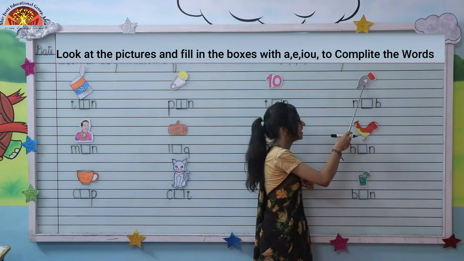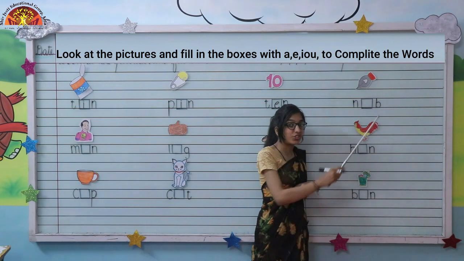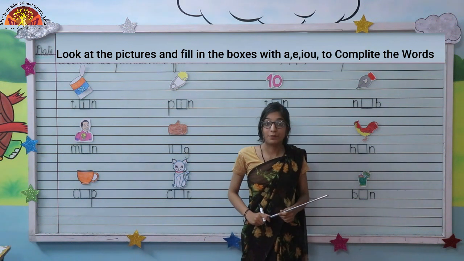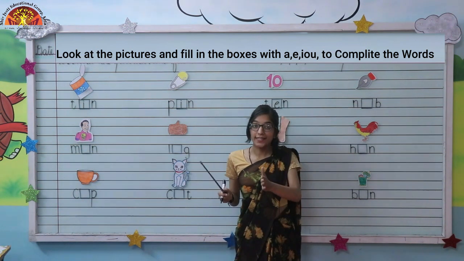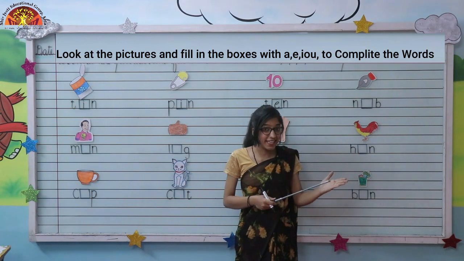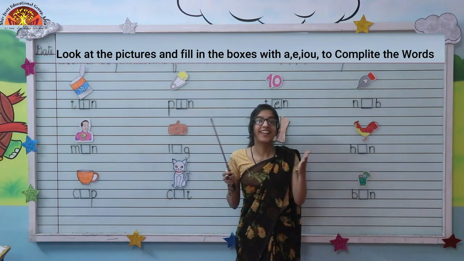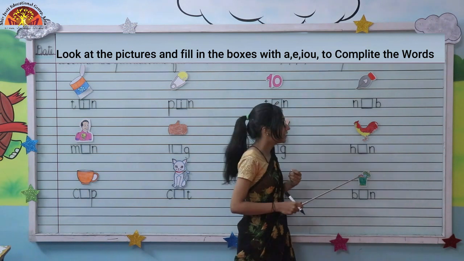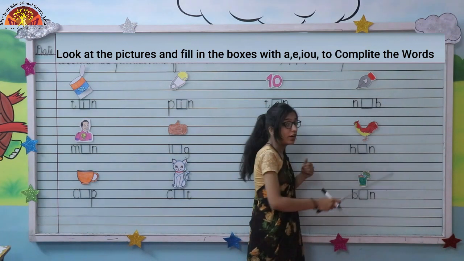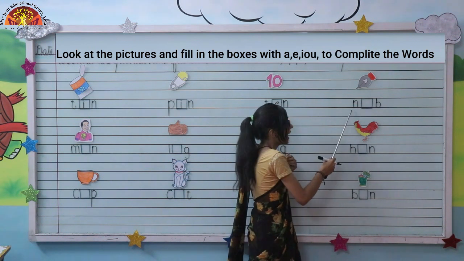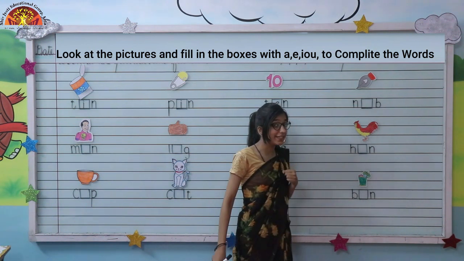Now tell me what is this? This is a picture of nib. What is the spelling of nib? N-I-B, nib. So kids, N and B are already written over here.